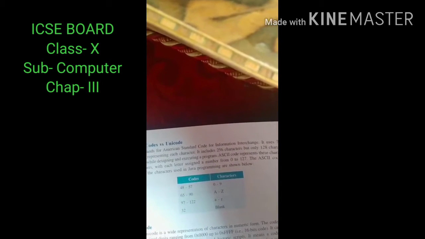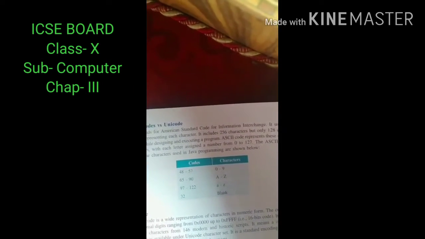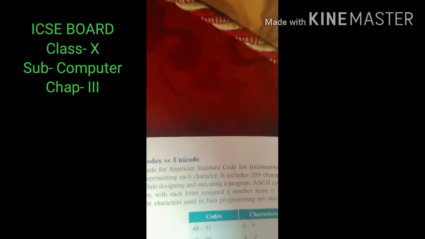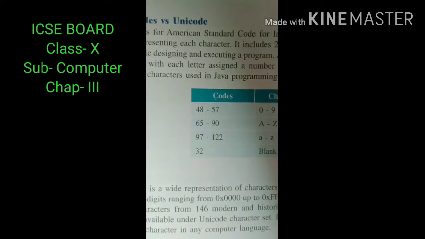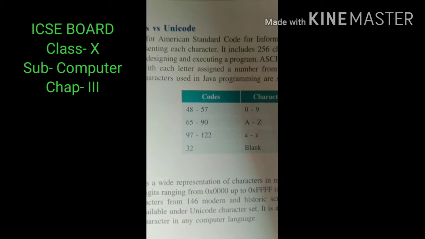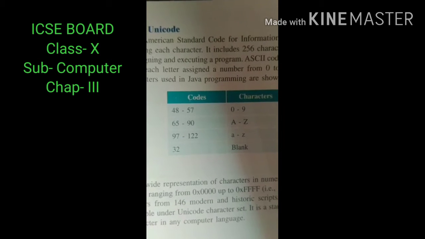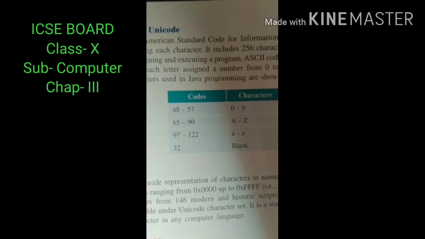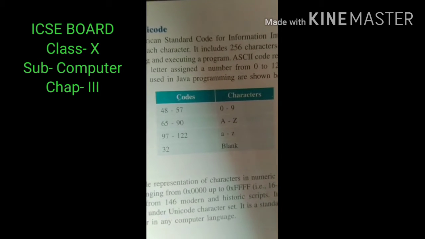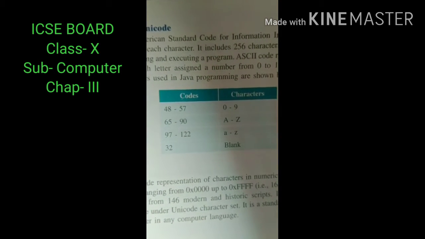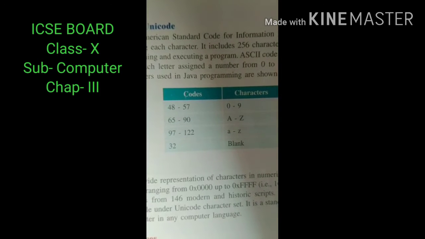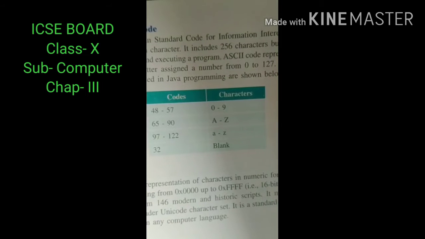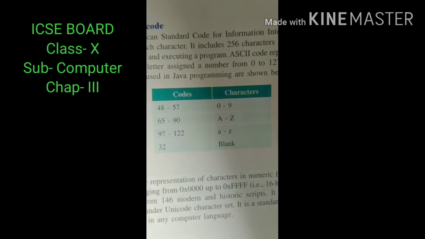So here in this ASCII code, in Java programming, numbers 48 to 57 represent 0 to 9, and 65 to 90 represent capital A to Z, and 97 to 122 represent small letters a to z, and 32 represents blank.